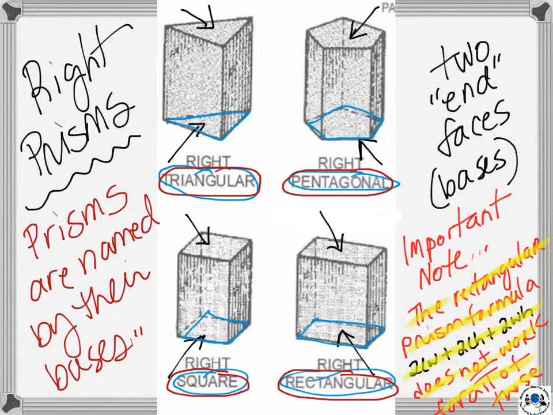Now, the only two that 2LW plus 2LH plus 2WH are going to work for would be the square and the rectangular right prism, because both of them are rectangular. The other one's a triangle, because we know right away that the area of a triangle is calculated differently than the area of a rectangle, and a pentagon as well will be calculated differently.